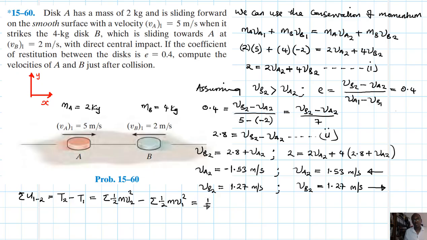This is equal to half by 2 by 1.53 squared plus half by 4 by 1.27 squared, and minus half by 2 by 5 squared plus half by 4 by 2 squared.